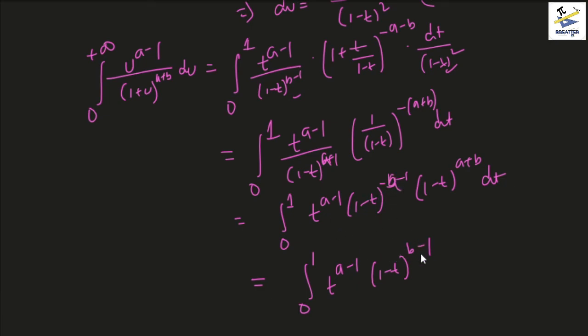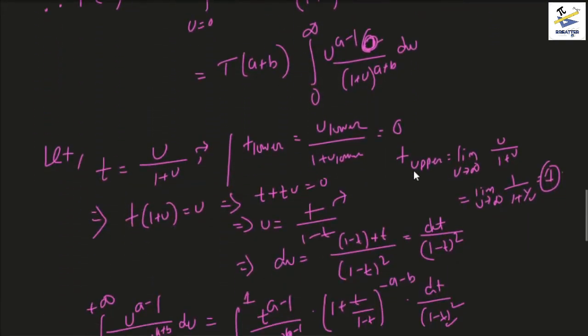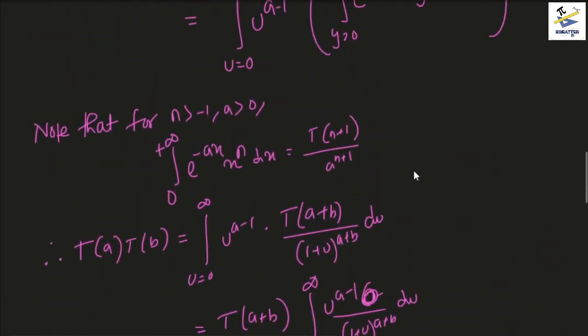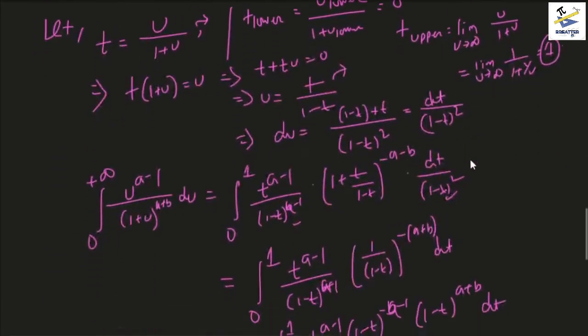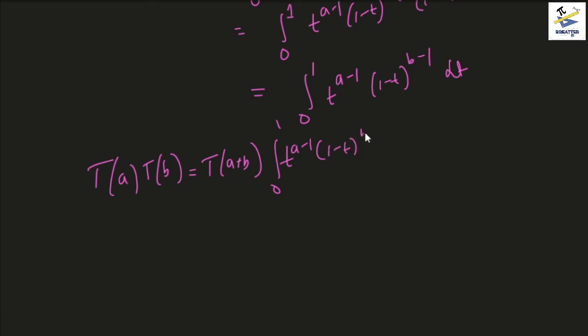So this would be how we evaluate this integral, and this means that putting this back into this part, one second. Yeah, this part. Putting it back into this part, we get that gamma of a into gamma of b is basically equal to gamma of a plus b into 0 to 1 t to the power a minus 1 into 1 minus t whole to the power b minus 1 dt.